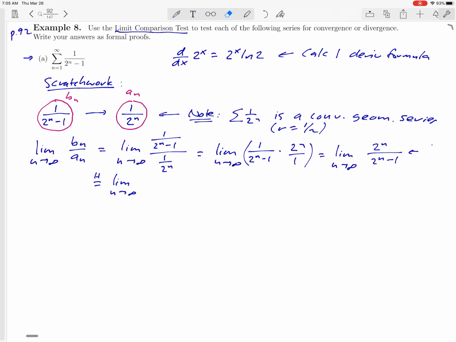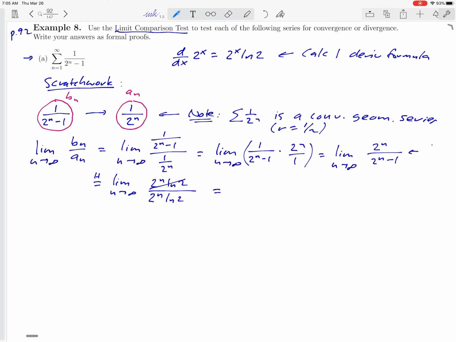And so what we're going to get is in the top, oh whoops, we are using n's, not x's. Our derivative in the top is going to be 2 to the n ln of 2. Okay, there's that derivative using that formula. And in the bottom, we've got another 2 to the n, so we're going to get a 2 to the n ln of 2. And then the derivative of minus 1 is just 0. That goes away.